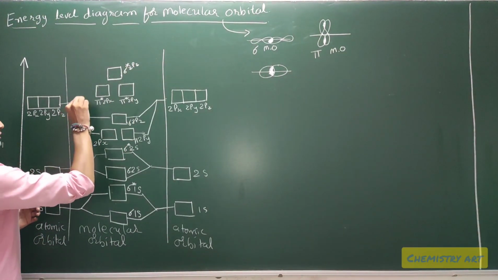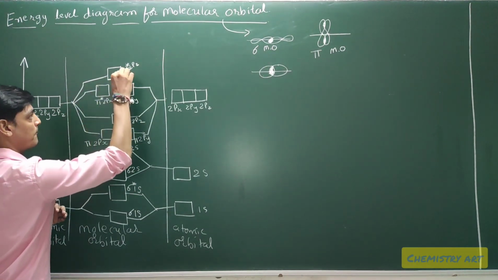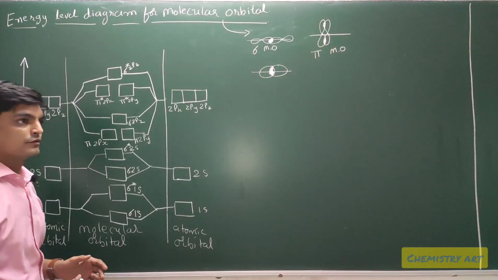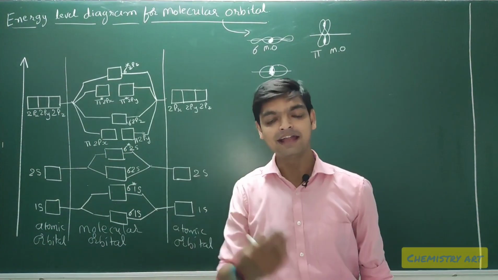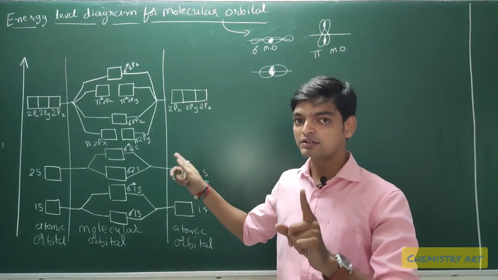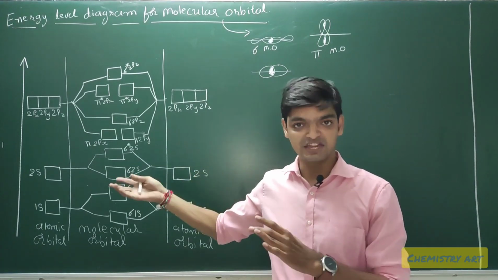So this is the order of molecular orbitals for a molecule like nitrogen, but not for oxygen O2, fluorine F2, Ne2.